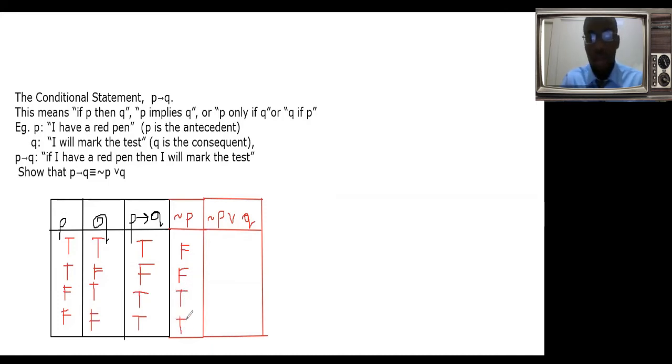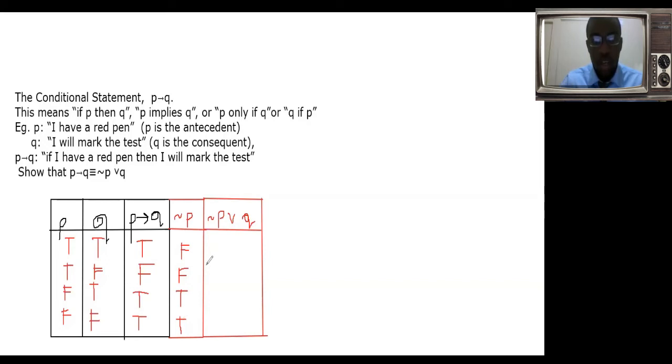That's not P. Now look at this: the negation of true is false, and the negation of true is false. The negation of false is true, and the negation of false is true.